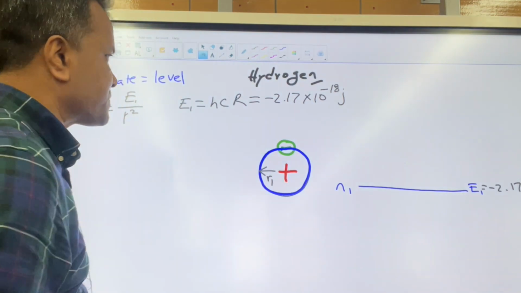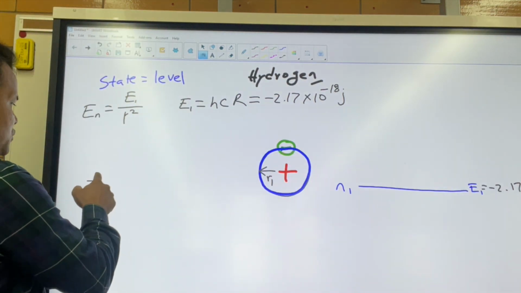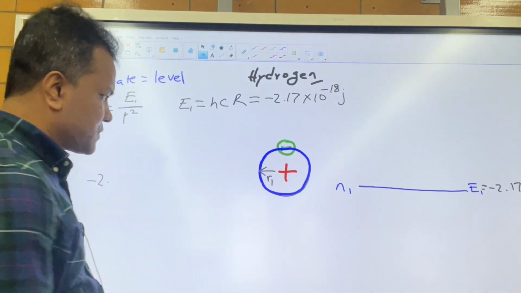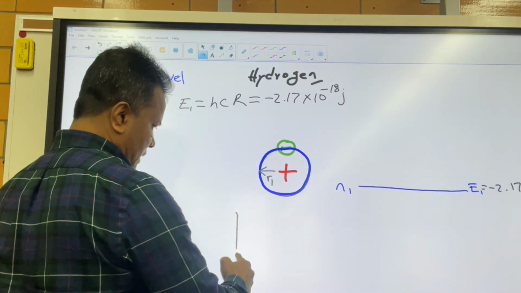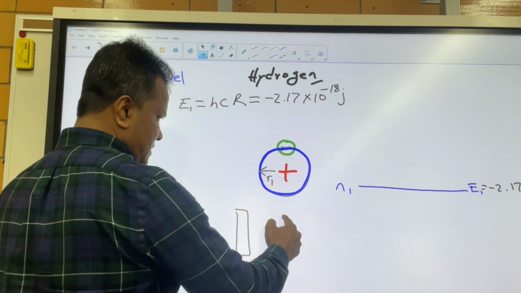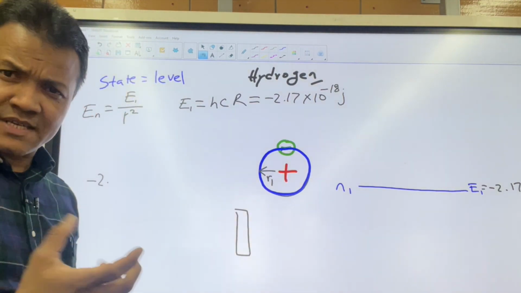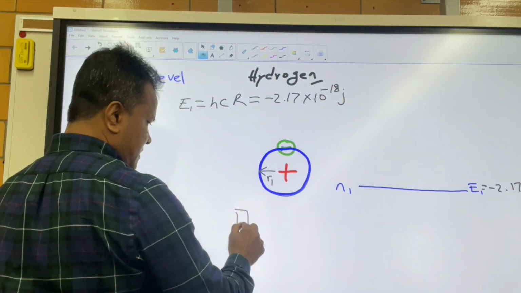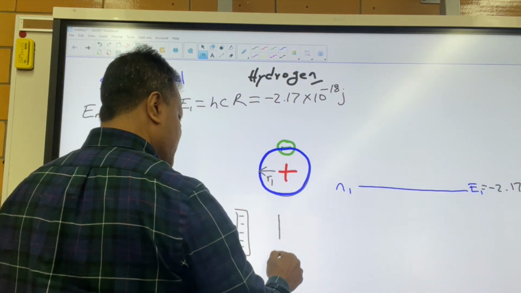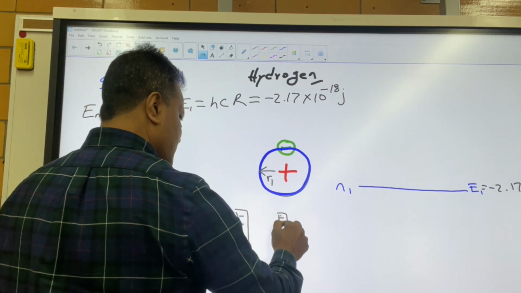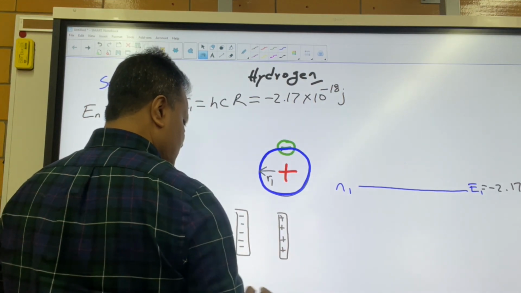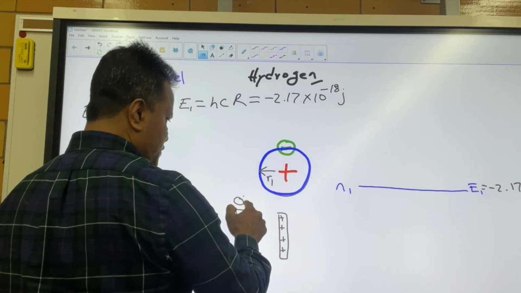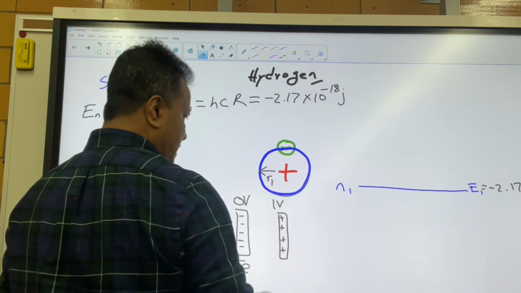Let's do it. By the way, what is an electron volt? Let's find out. Let's consider two plates. Electron volt is a small little bag of energy. A negative plate and a positive plate. And there is an electron, and there is a potential difference between these two plates.